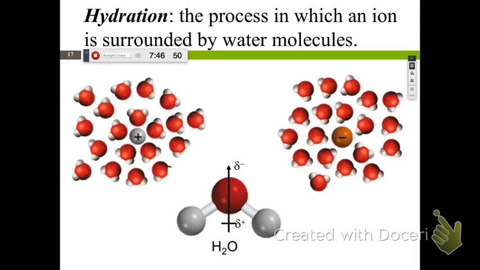So let's test. Let's take water. If the blue one is chloride, what part of the water molecule is going to be attracted to it? The partially negatively charged oxygen, right?